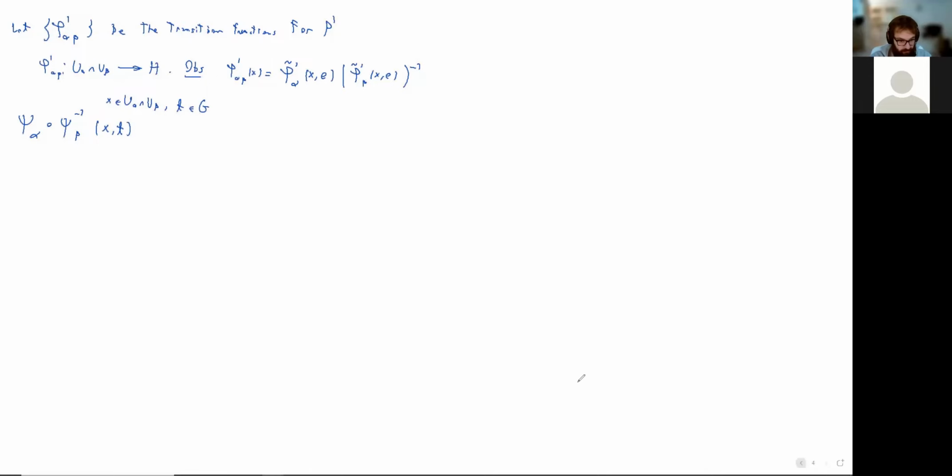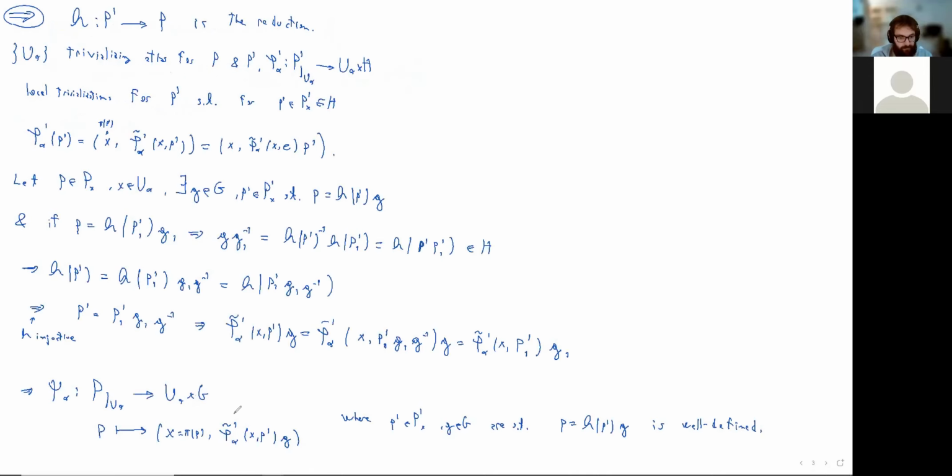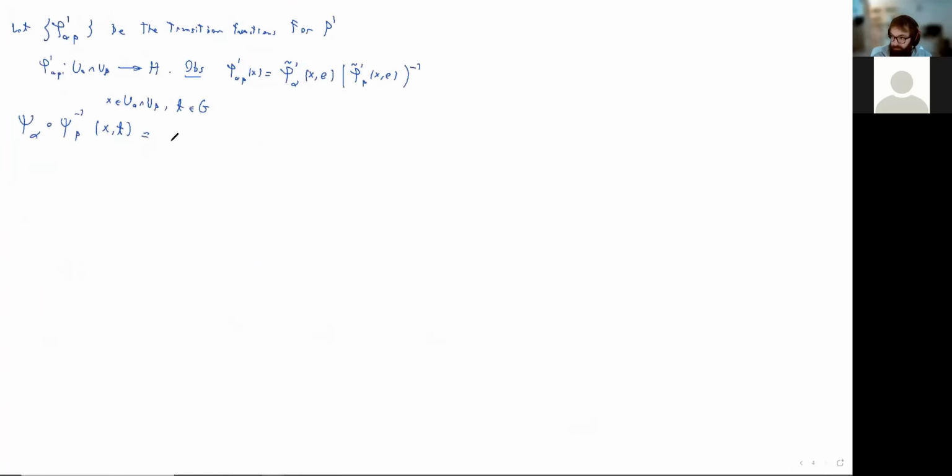Okay. And so if we look at the definition, this is just going to be some psi alpha of p, right? And p is basically given by this. But what is p? It is going to be h p prime g. This is just an element of P_x.